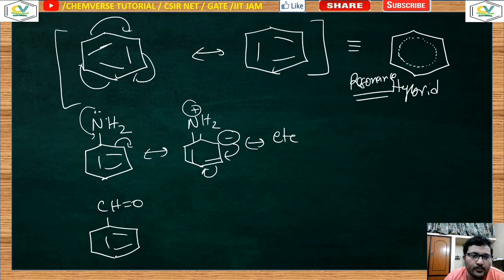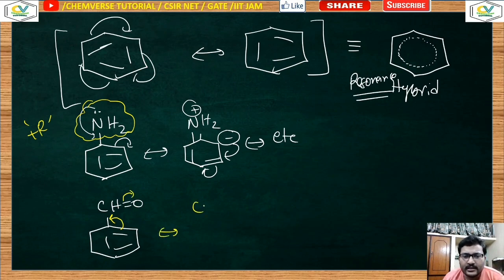So you can think that this NH2 group is nothing but your plus R group. Plus R means it is pushing electron density to the ring. And now over here, there is no such lone pair available. So this double bond from the benzene ring can be donated to the CHO and it will produce an O negative over here, something like this.